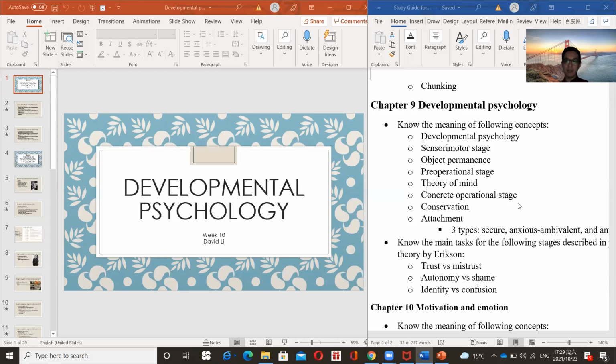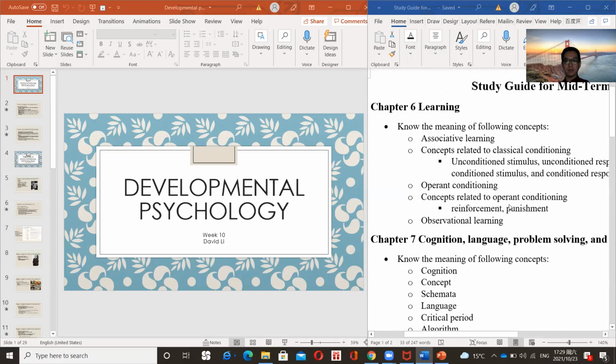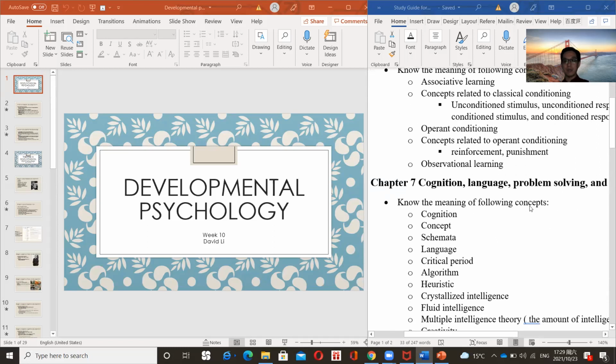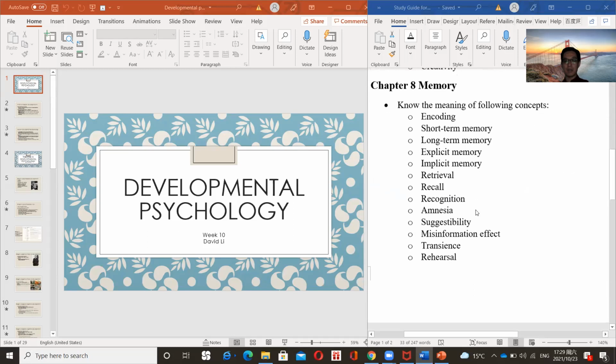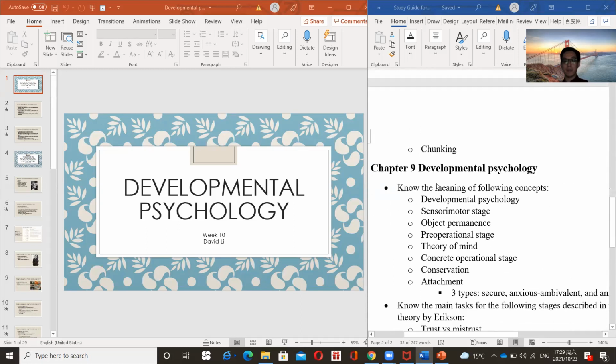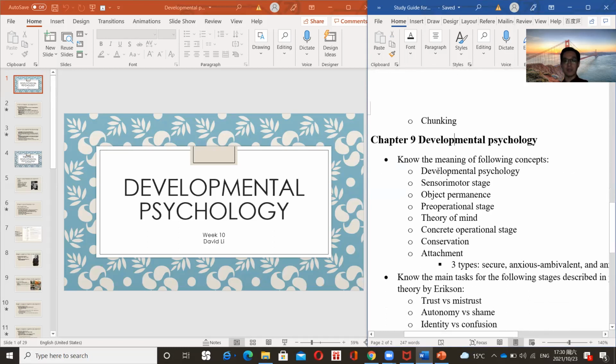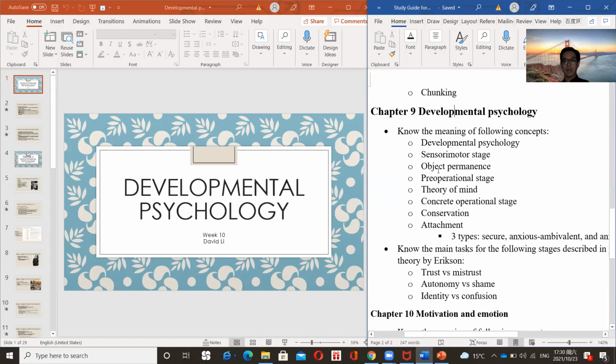In the first chapters, we learned about cognitive psychology, learning, language, intelligence, memory, and other topics. But starting from chapter 9, we need to learn other psychology branches, like developmental psychology. In this chapter, we need to know the meaning of these concepts.